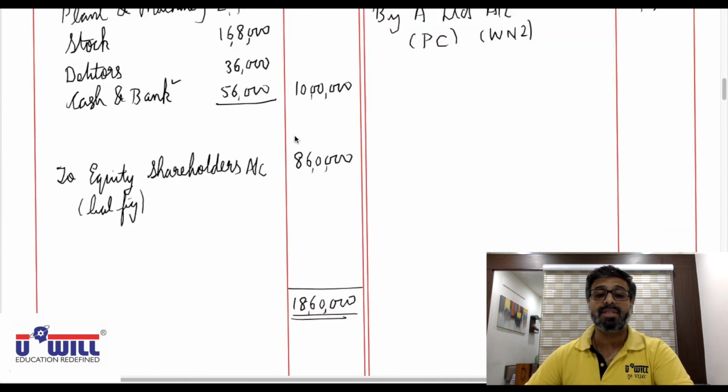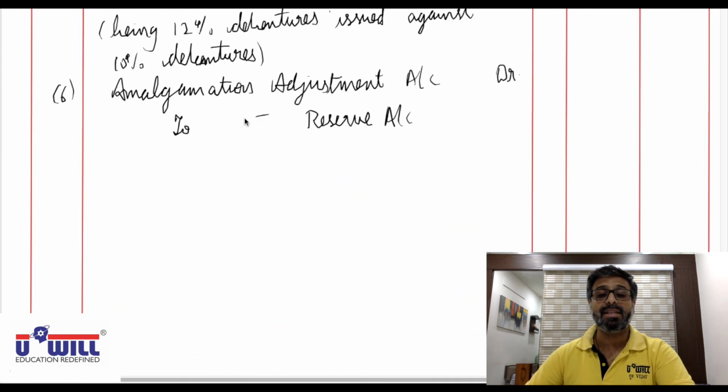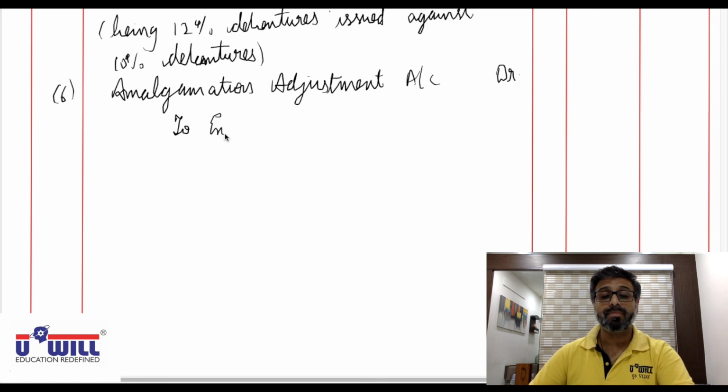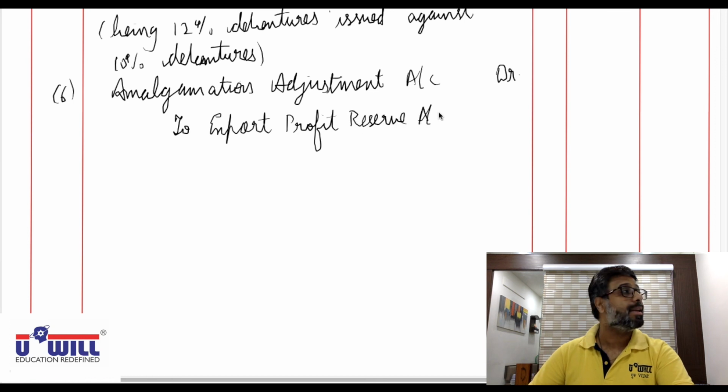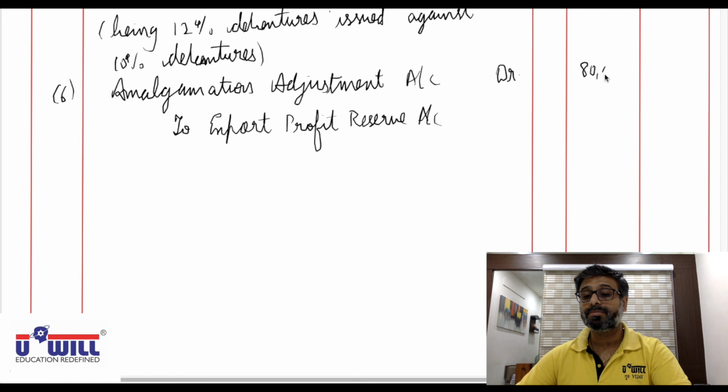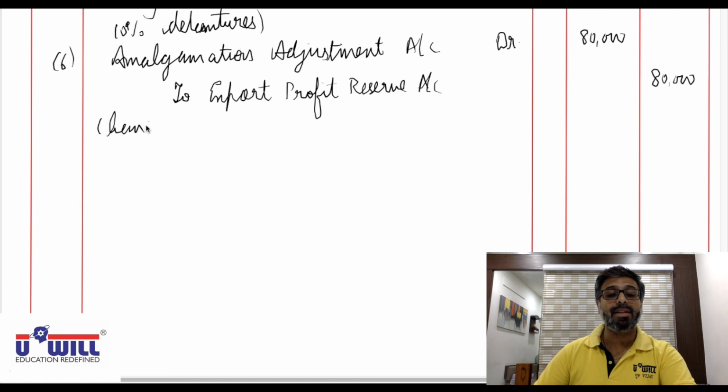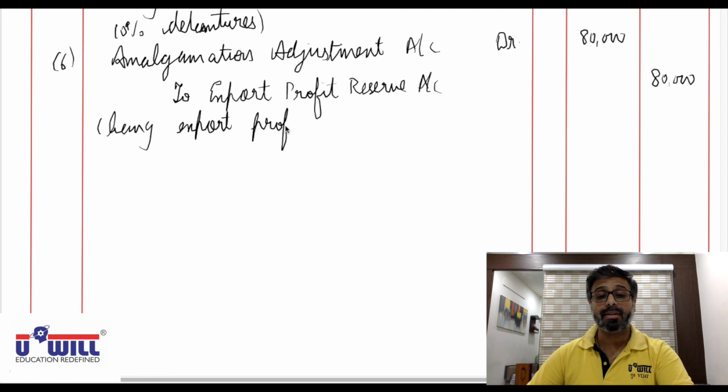Statutory reserve means here we will write which reserve it is. Amalgamation adjustment account debit to export profit reserve 80,000. Being export profit reserve taken over.